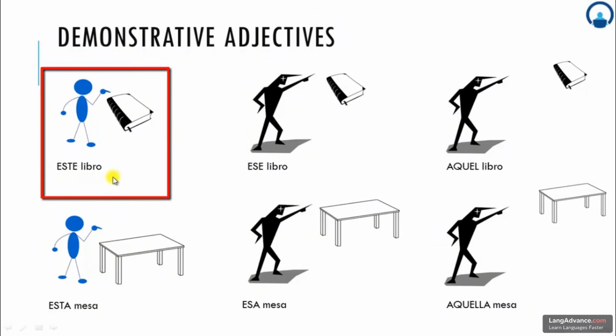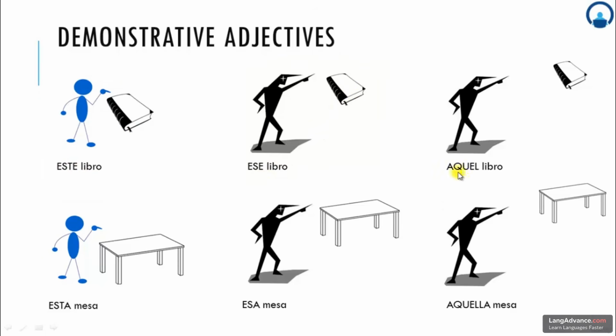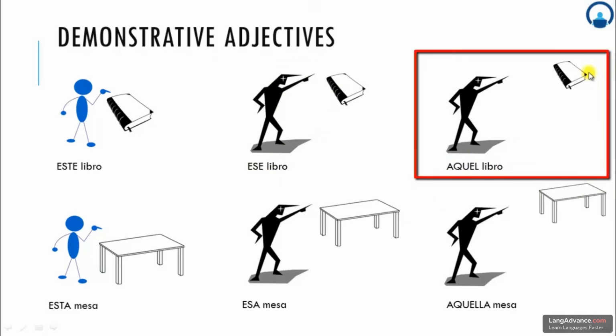Este libro, we have seen that there is a masculine noun and a singular. So este libro, this book. Ese libro means that book, and aquel libro means that book which is far more.